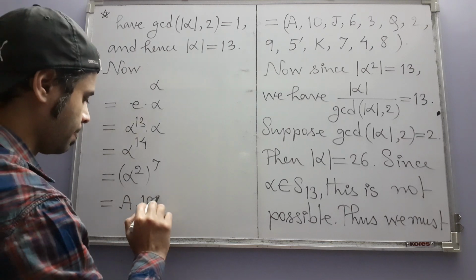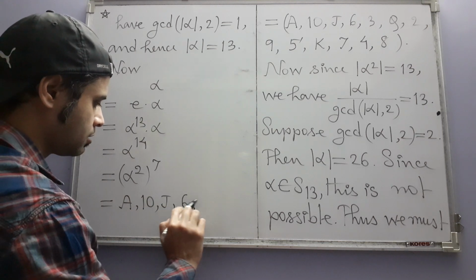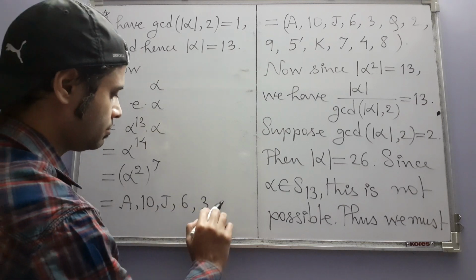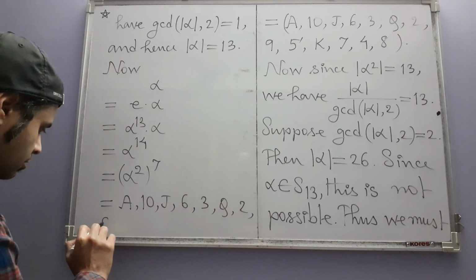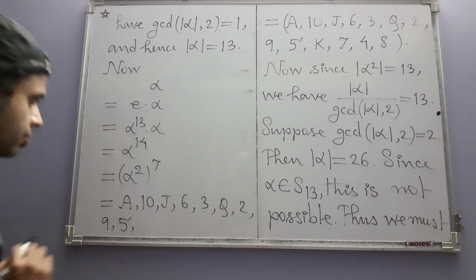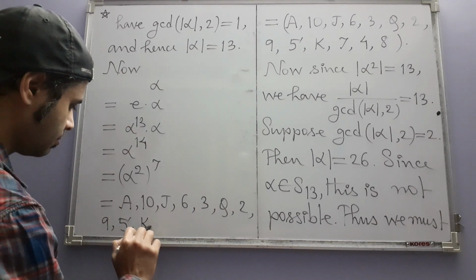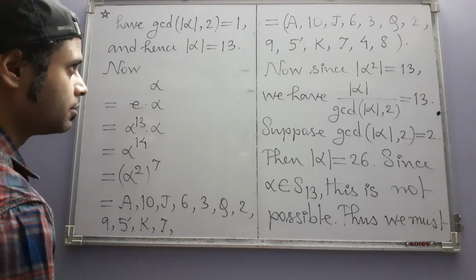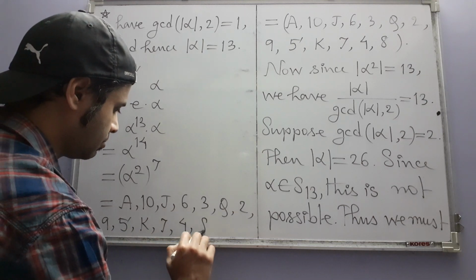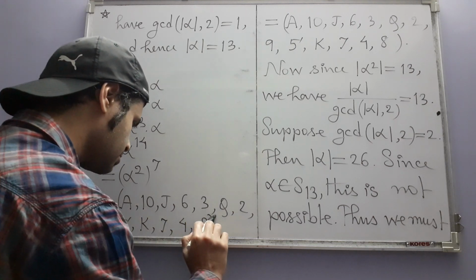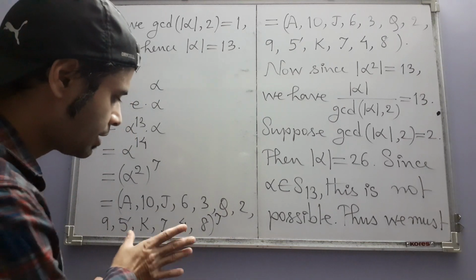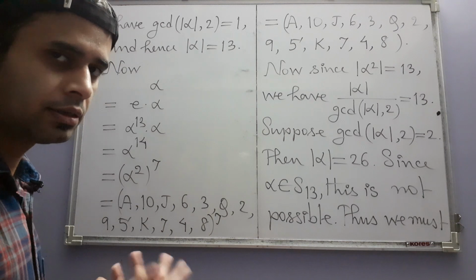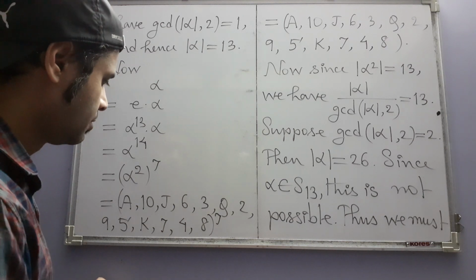A 10 J 6 3 Queen 2 9 5 King 7 4 8. 7th power of this cycle. So we now need to calculate the 7th power of this cycle, and that will be alpha.